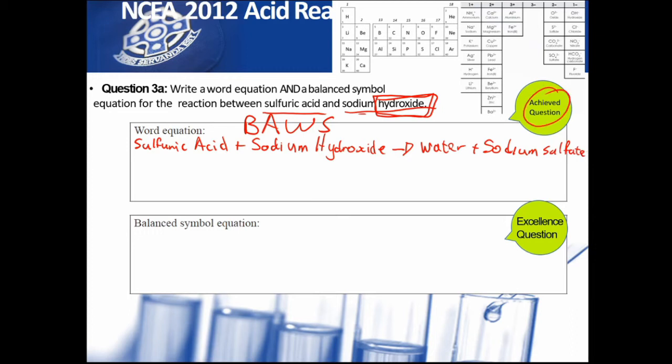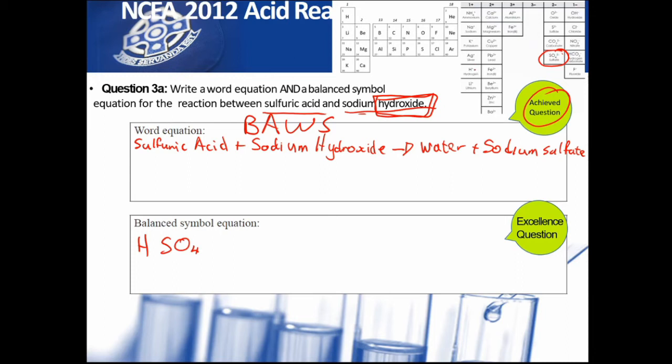Now, sulfuric acid, you were supposed to study this. It's H2SO4. But let's say you forgot. You know an acid always gives you a hydrogen, and sulfuric has the sulfate, not the sulfide. We usually don't use the sulfide in this, okay? So SO4 up here is 2 minus.